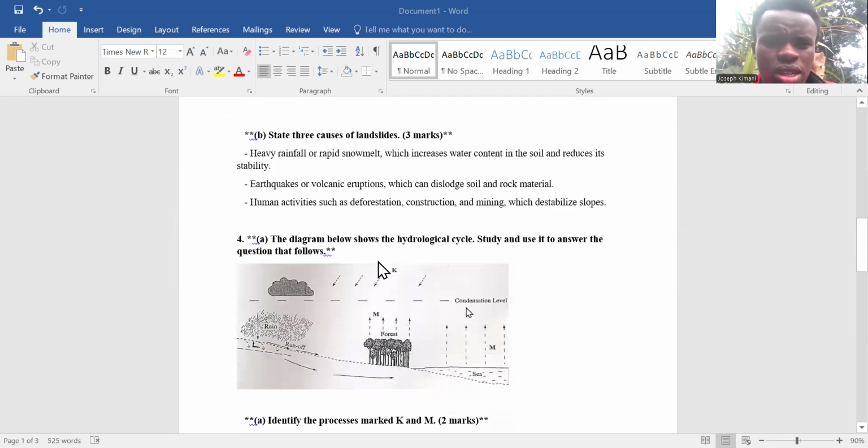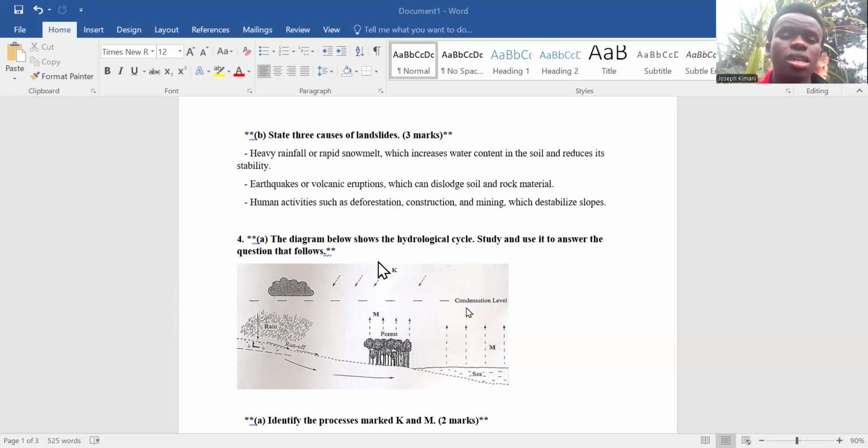Now, it says: state three causes of landslides. What is a landslide? A landslide is basically the movement of soil downslope. It can be caused by several causes. For example, in case there is rainfall, the rain will percolate the rocks or the soil, and the soil will become loose and break away, moving downslope.